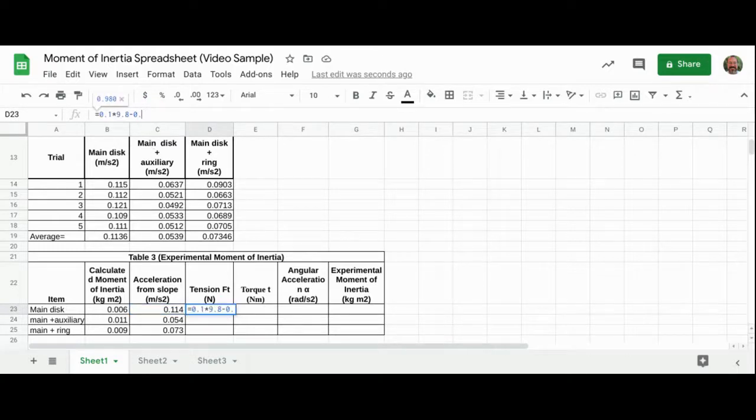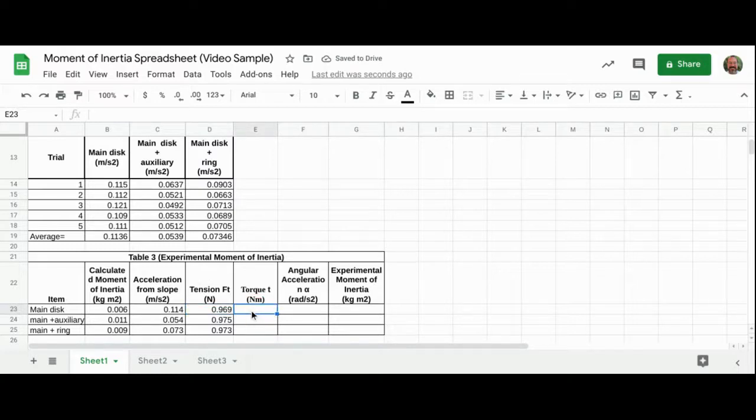The 0.1 times 9.8 times the acceleration, which I clicked on, it didn't grab it. There we go. That's the correct value. 0.1 times 9.8 minus 0.1 times the acceleration.